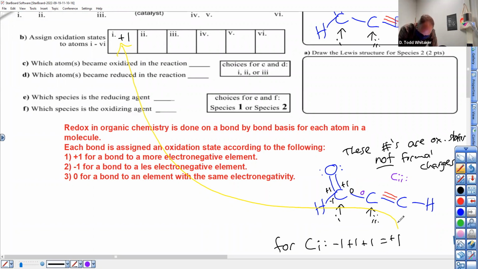I'm just going to put 4 zeros down. 1 for that bond, 1 for the middle pi, and 1 for the top pi. 4 zeros. I just wanted to be very clear. You better take 4 numbers so you got 4 bonds. Each bond has a 0 oxidation state because each bond is between 2 atoms with the same electronegativity.